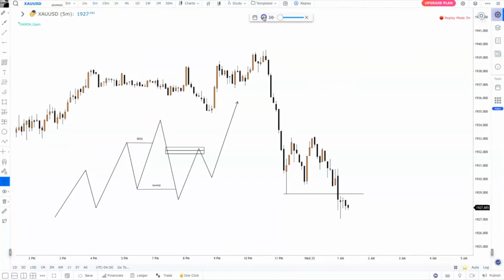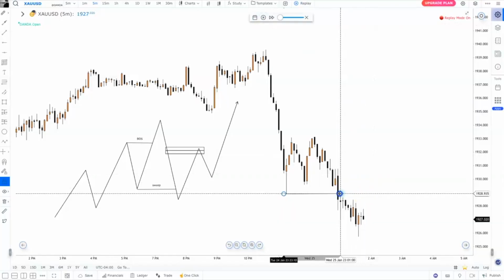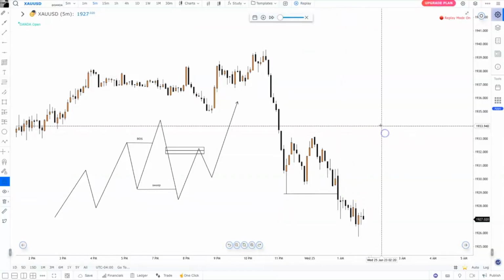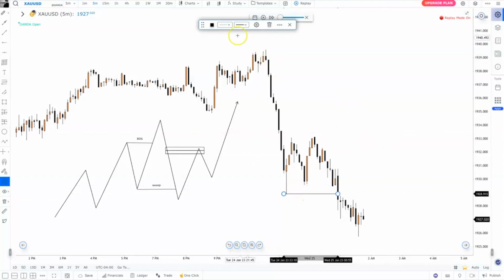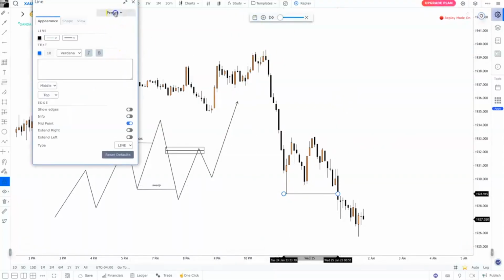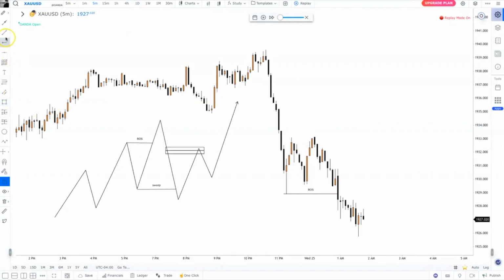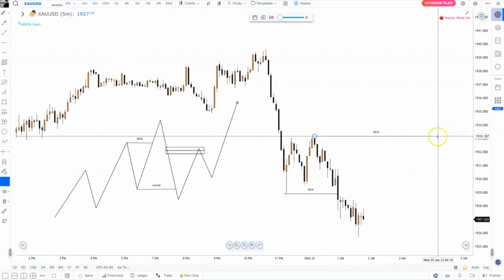We do have a clean break. Now pay attention to this, because most students, most traders, let's say you mark that as a BOS, a break of structure. And smart money traders will mark this high as the change of character.